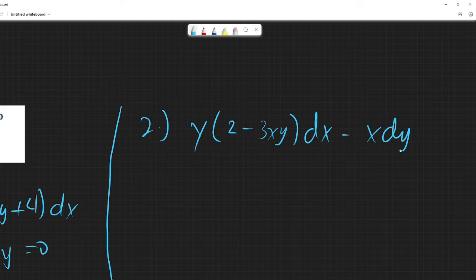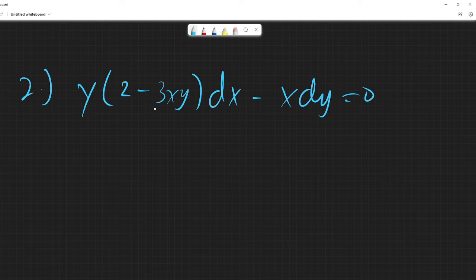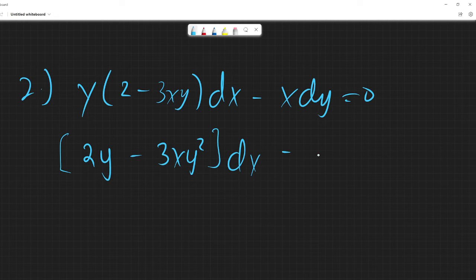minus x dy is equal to 0. So first, I will distribute the variable y. So this is 2y minus 3xy squared dx minus x dy equal to 0. So the thing is, I will combine those terms that are homogeneous to each other, which means that the equations in nature are almost the same in their exponent.